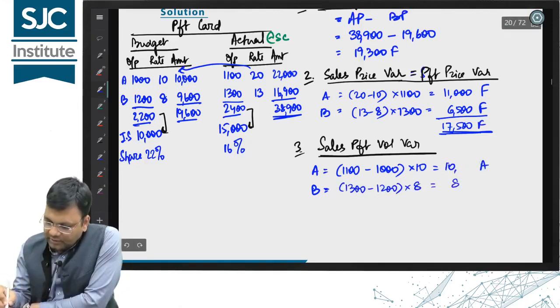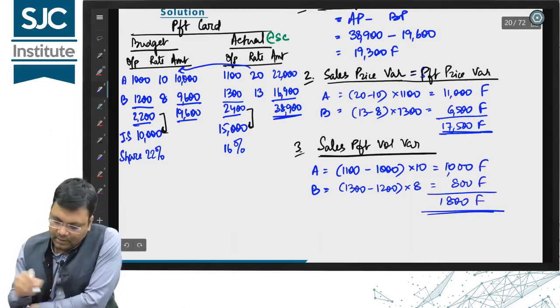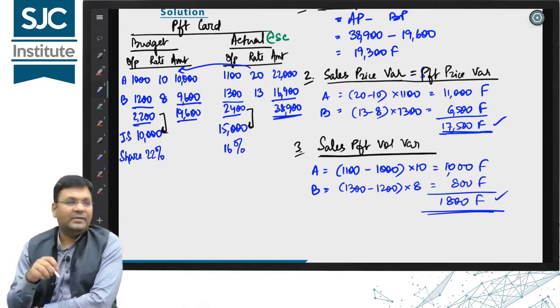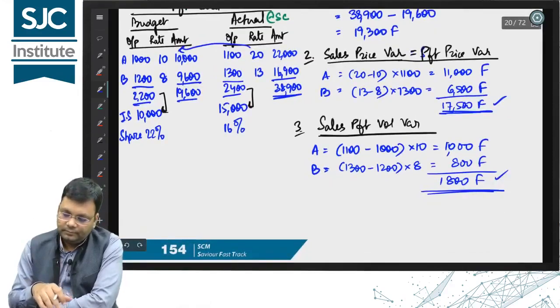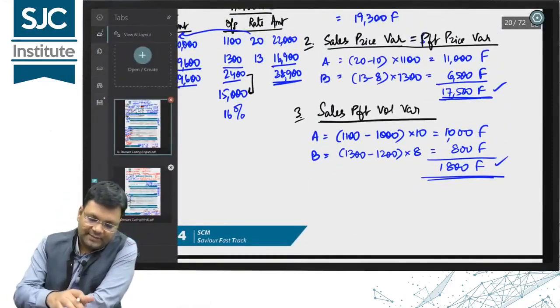No, not 10,000, it's 1000. Not adverse, favorable. 800 favorable, total is 1800 favorable. So the net effect will come 17,500 favorable, 1800 favorable is 19,300 favorable. See, I told you there will be shortage of space.